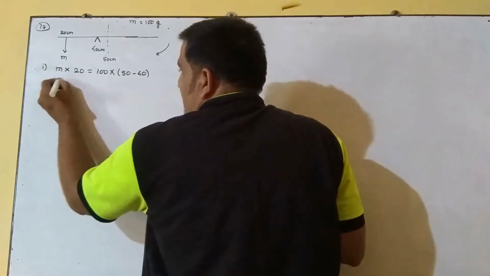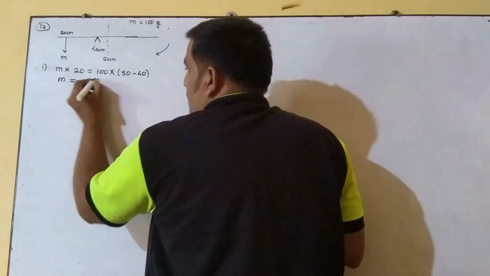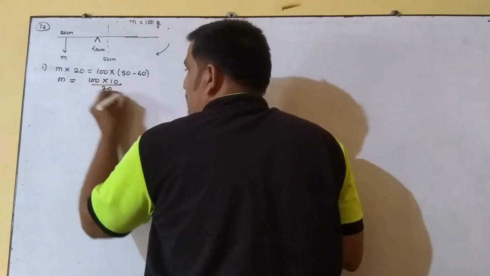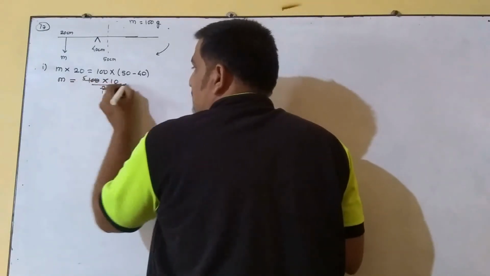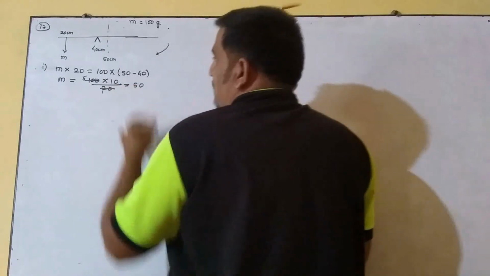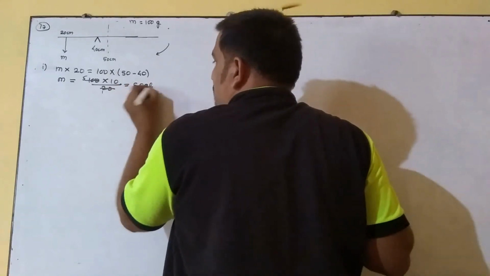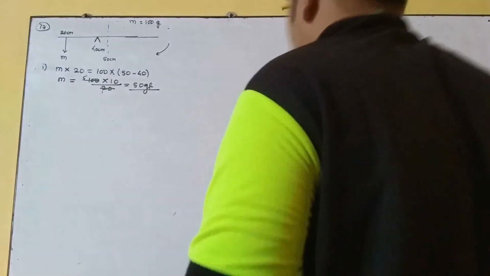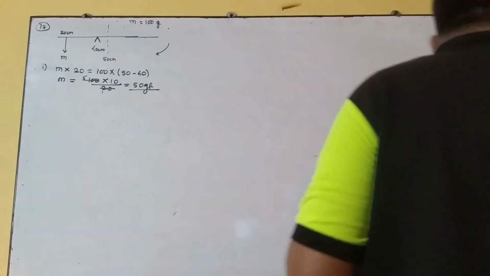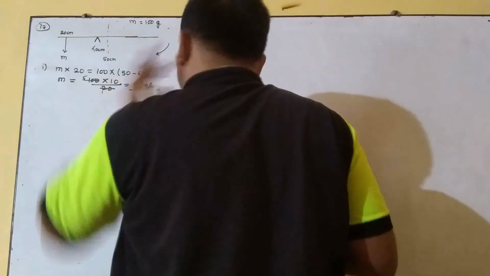So we can write M is equal to 100 multiplied by 10 divided by 20, which is 50 GF.